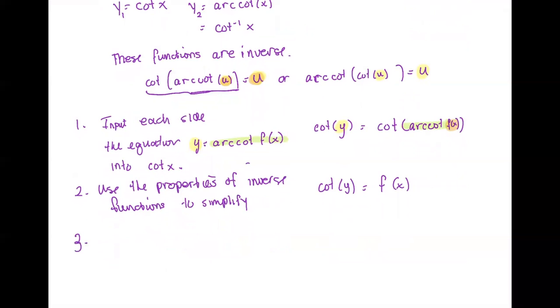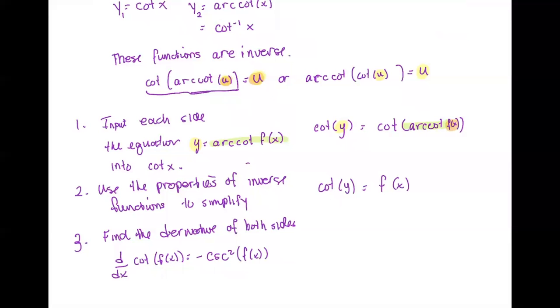Now the next thing we have to remember is to take the derivative of both sides. You have to remember that the derivative of the cotangent with a function inside is negative cosecant squared of the function times the derivative of the inside.